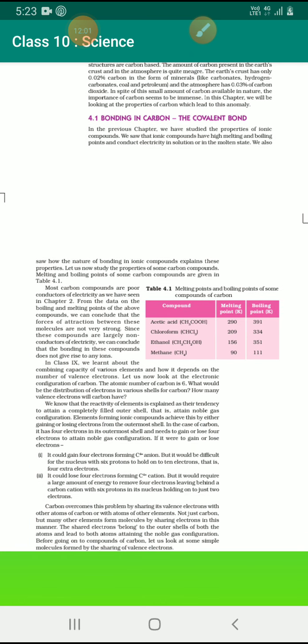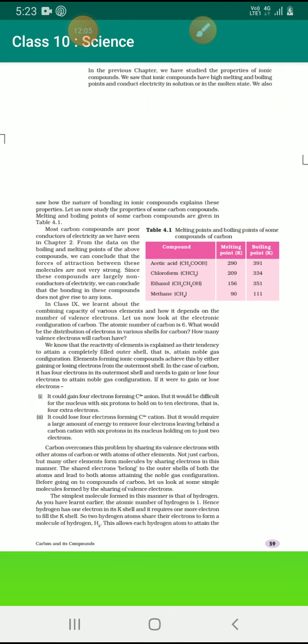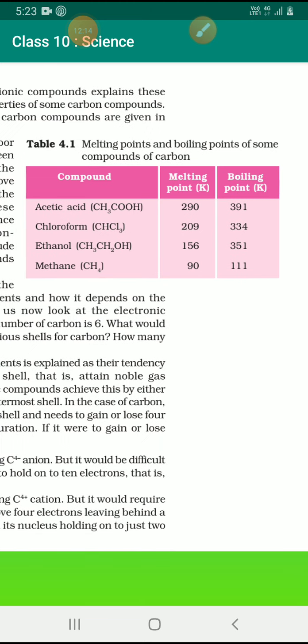Let us study the properties of some carbon compounds. Melting and boiling points of some carbon compounds are given in the table. Look here, as I told you just now, if any carbon atom is there, these are called carbon compounds. So here you can see acetic acid, CH3COOH: the melting point of acetic acid is 290 Kelvin, and the boiling point is 391.